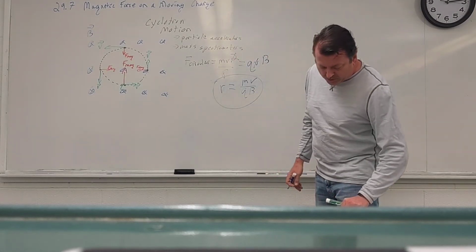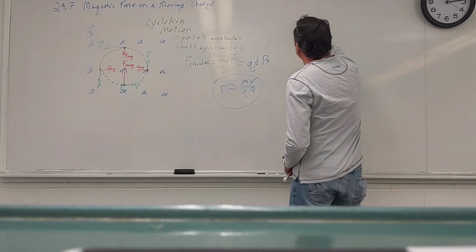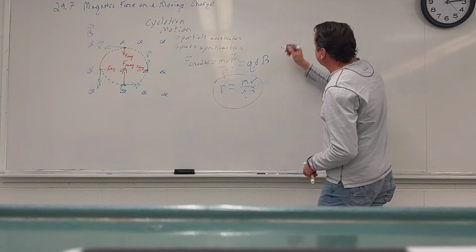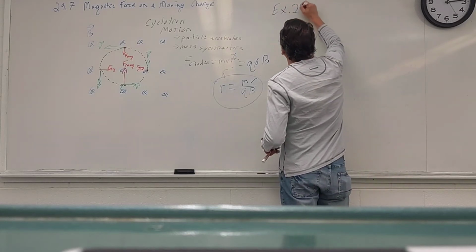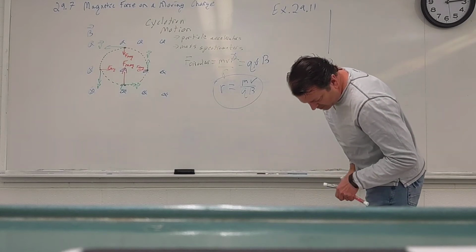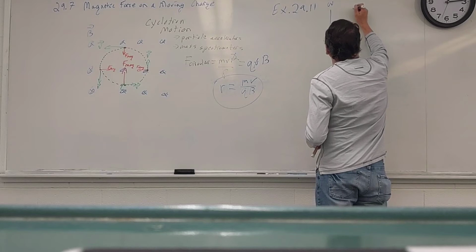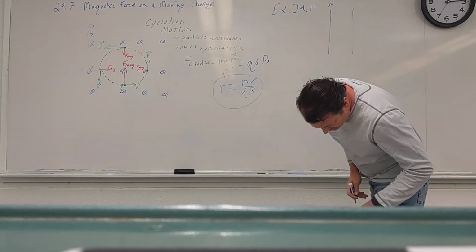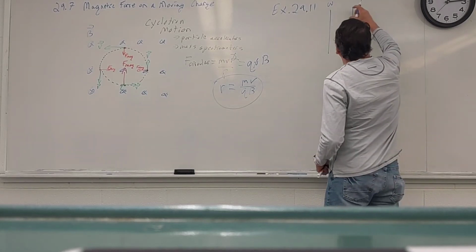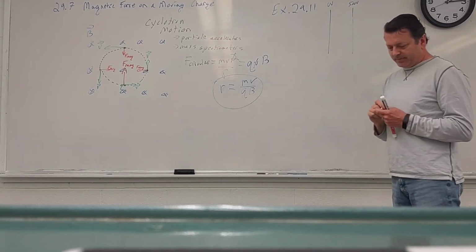Now this R is important as well for a mass spectrometer. So let's assume, this is example 29.11. We're going to take 0 volts here and 500 volts on this one. It's a capacitor.